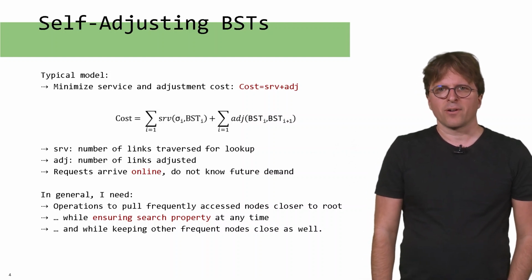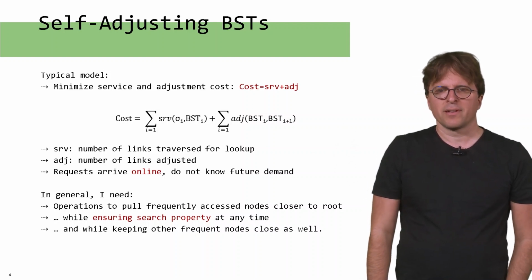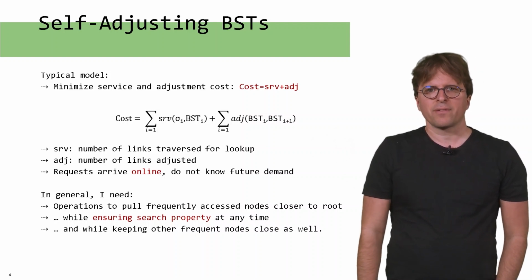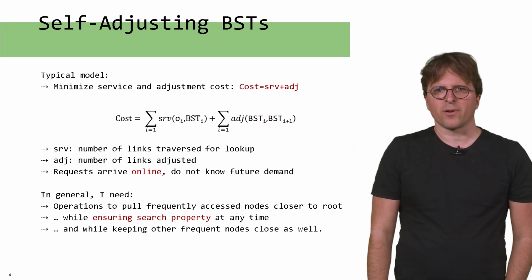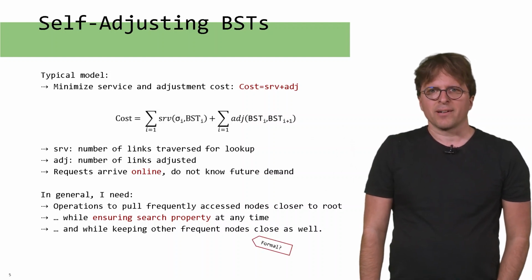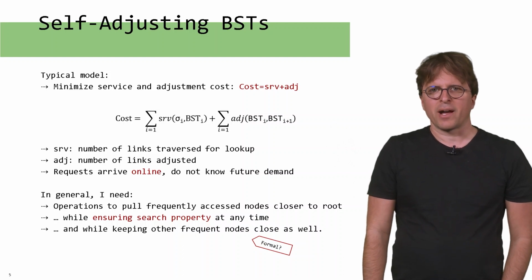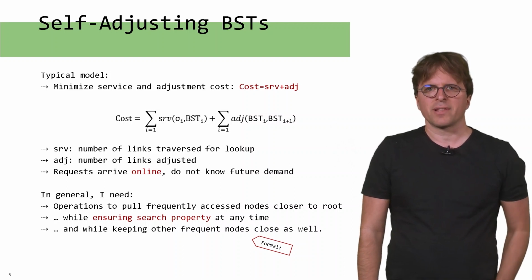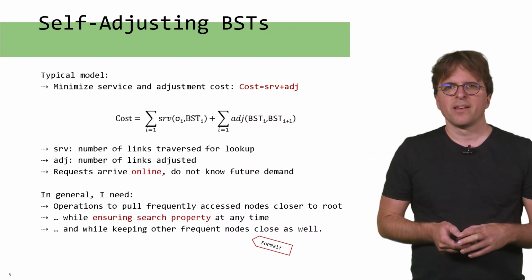And we always want to keep the recently and frequently accessed nodes close to the root. So how to make this requirement formal? So what would that mean here?